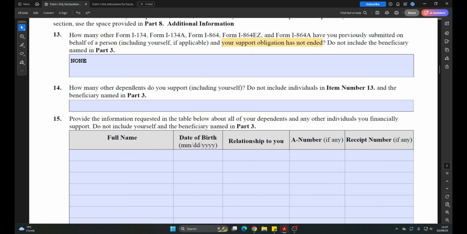In question 14, you need to include any other dependents that you support, including yourself, but do not count anybody who was already included in item 13.